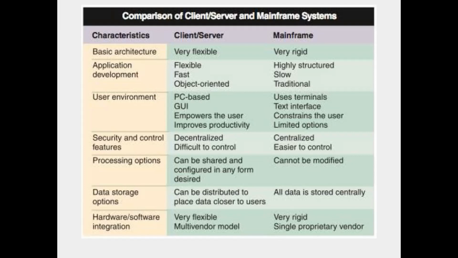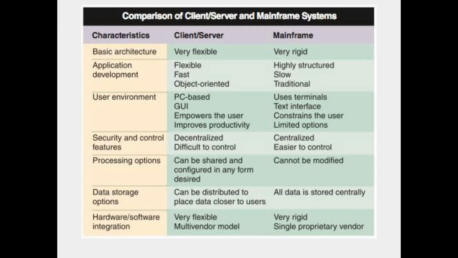Mainframes, traditionally, are highly structured, slow, and traditional. In the user environment, client-server is PC-based with a graphical user interface, which empowers the user and improves productivity. Whereas with mainframe computers, we usually have what we call terminals, and in those days we didn't have any graphical user interfaces. We had just text interfaces, mainly command-based or text-based input.